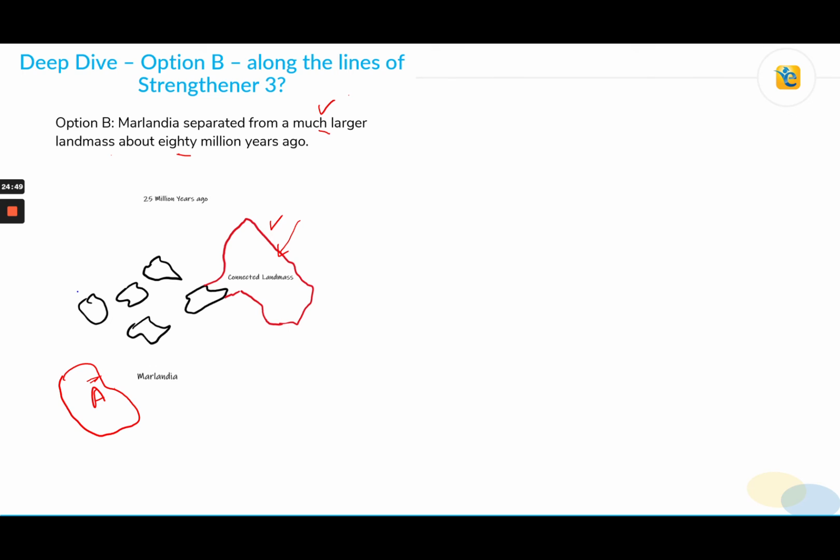Even in such a situation, there could have been some other large landmass that Marlandia is connected to 25 million years ago. So when the sea level rose 25 million years ago, submerging all of Marlandia, at this point the species Y could have migrated to this connected landmass and then come back to Marlandia at a later time. This is definitely a possibility, right?